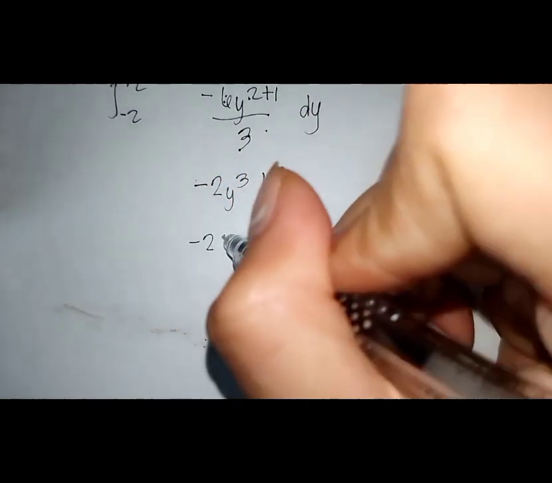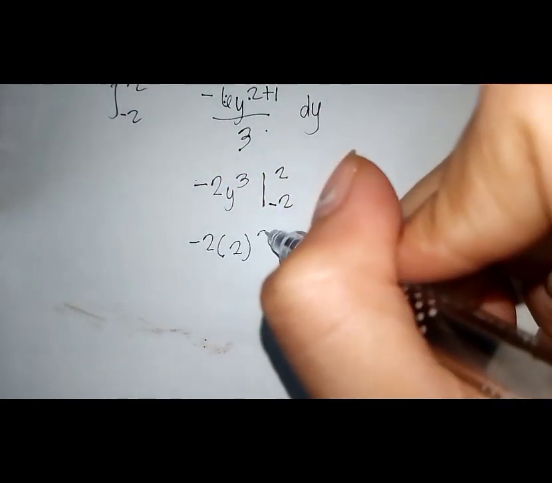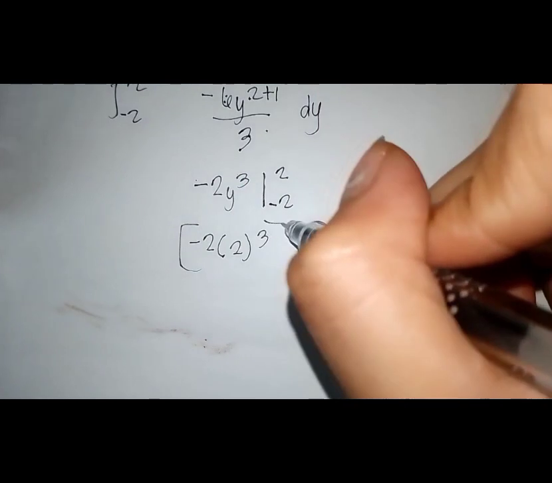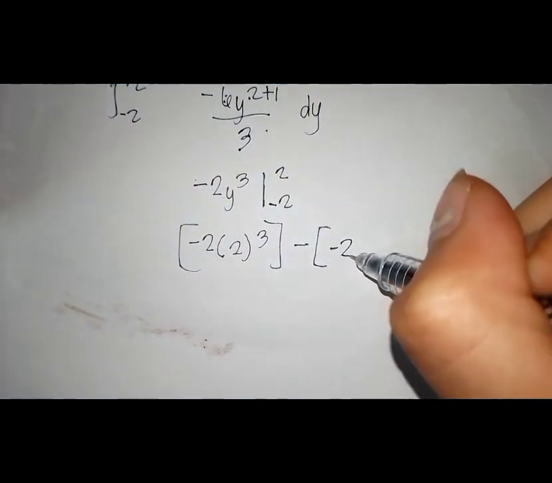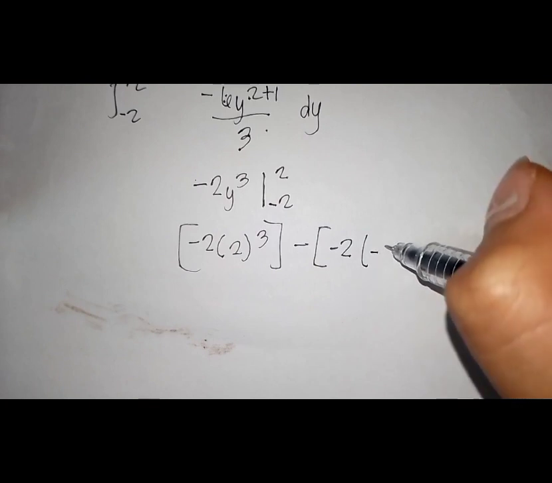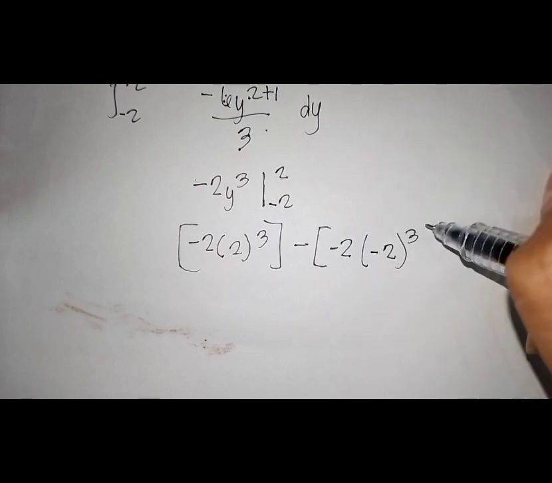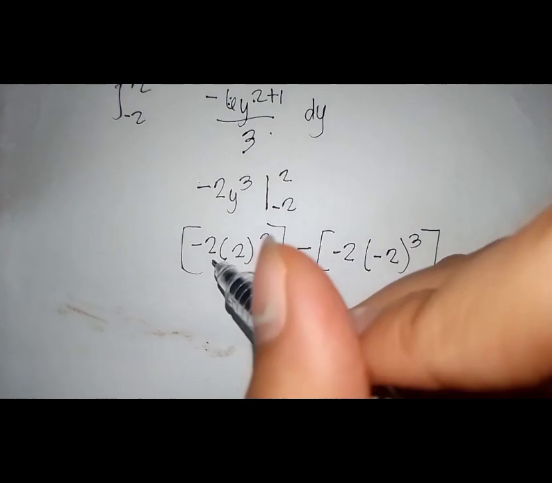And now we will be substituting the value of y. So negative 2 times 2 cubed, minus negative 2 times negative 2 cubed.